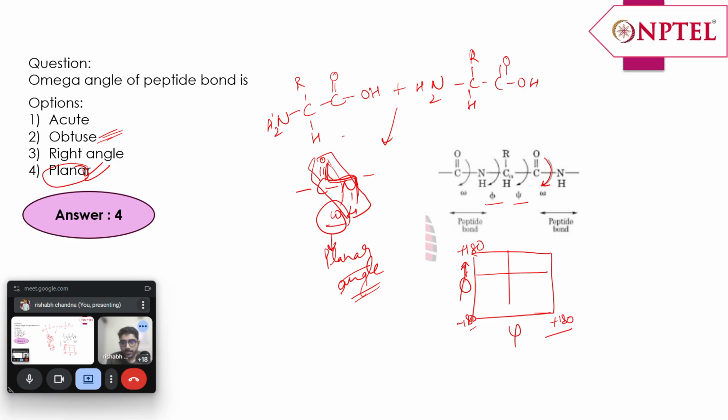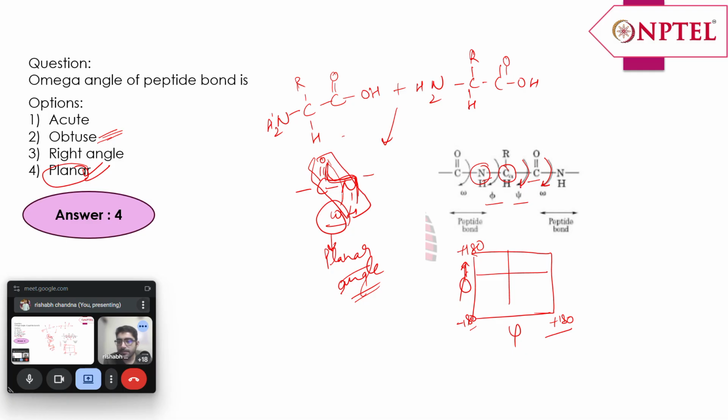The phi angle is the rotation of the bond between the C alpha and the NH2 group. The rotation of the C alpha and the CO group, the C double bond O group, gives the psi angle.